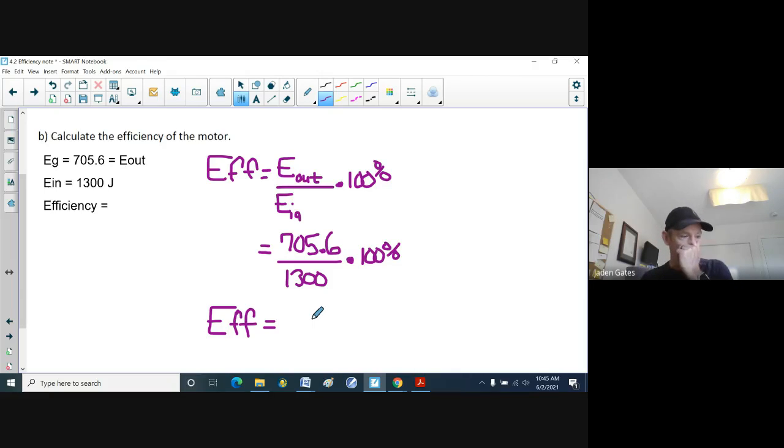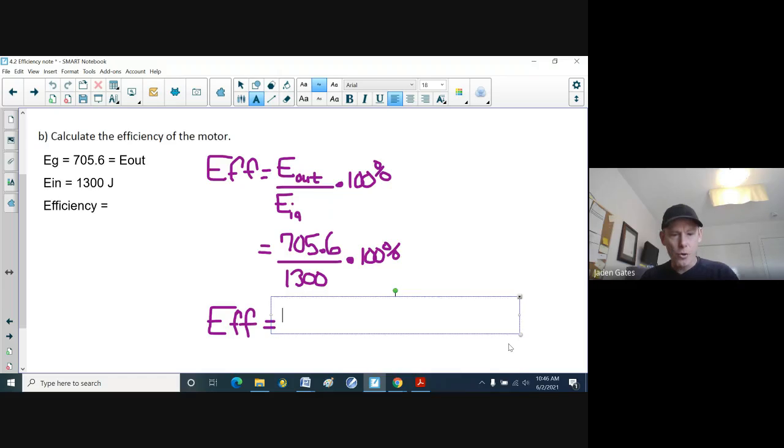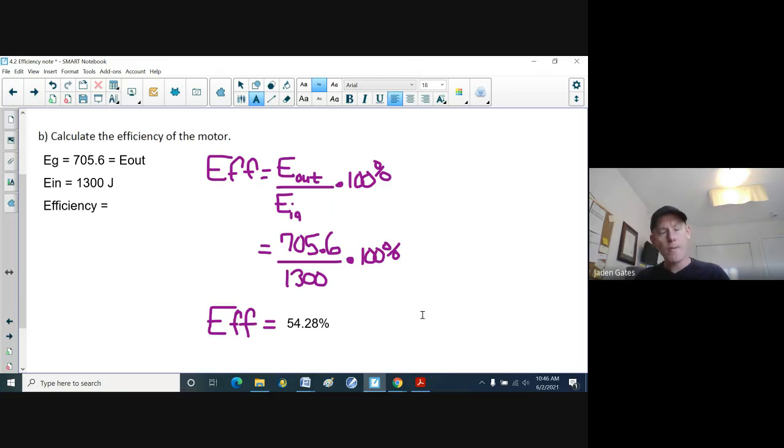Now when I divide these two numbers and then times by 100%, going to 2 decimal places, the efficiency of this motor is 54.28%. So where did the other wasted energy go?